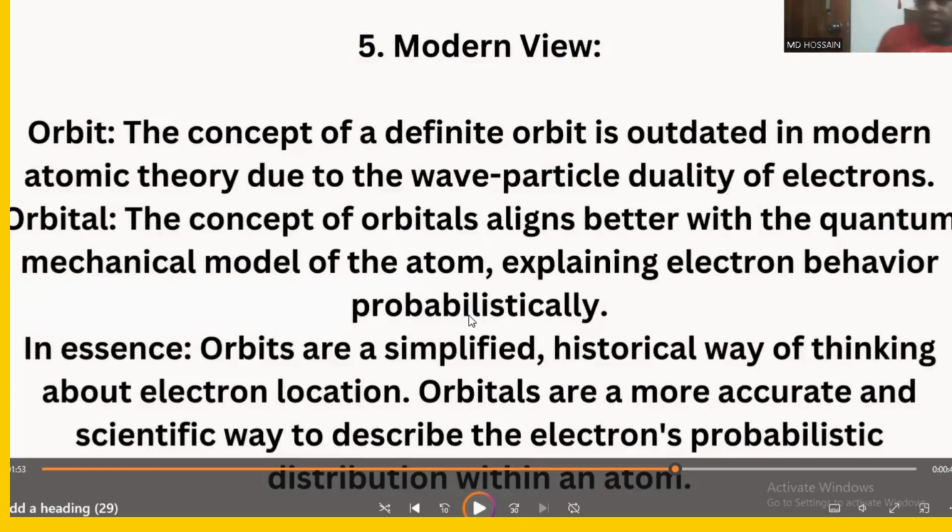In this galaxy or in this universe, there is not a single particle which is not bearing this property. Got my point? There is not a single particle which doesn't contain particle and wave behavior.